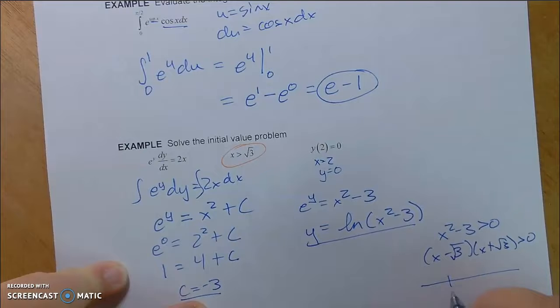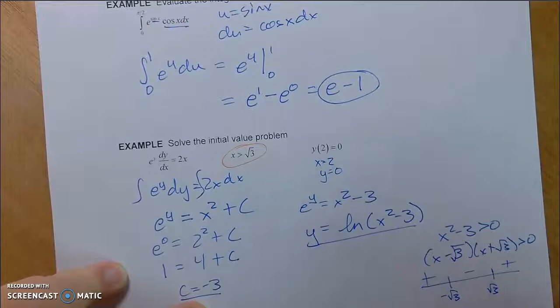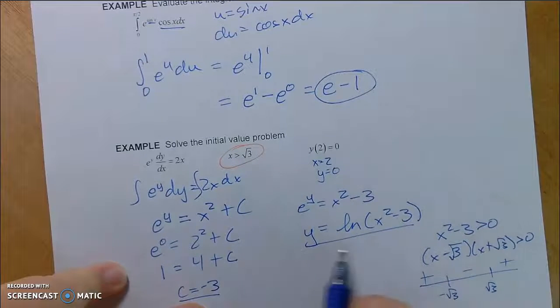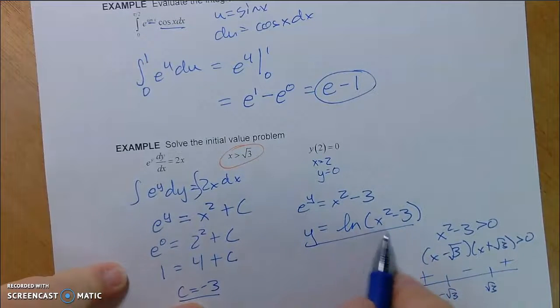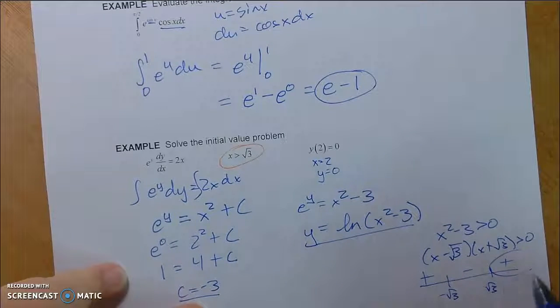Well, that gives us zeros at negative root 3 and root 3. We're positive on the outsides, negative on the inside. And we need natural logs to be positive. So we need this section or this section. We chose just the section to the far right.